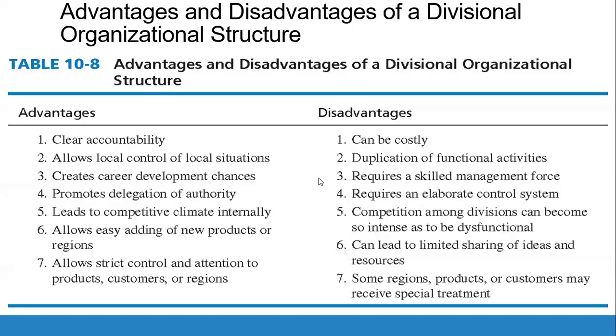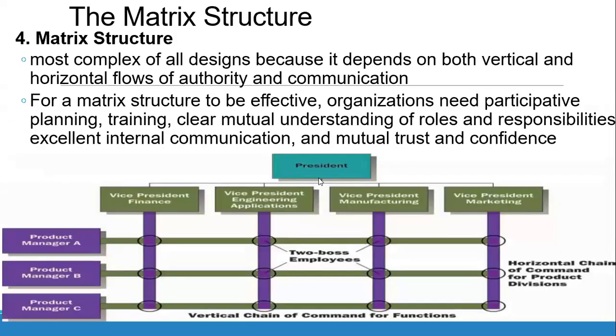Then there is the matrix structure. The matrix structure is normally endorsed by multinational enterprises that spread their production activities across the length and breadth of the globe to capitalize on economies of scale, cheap labor, and cheap raw materials.